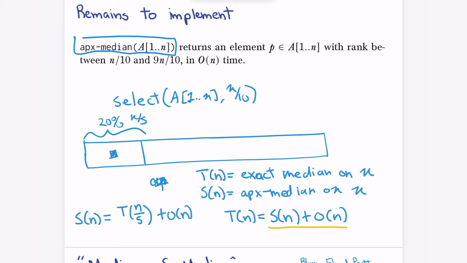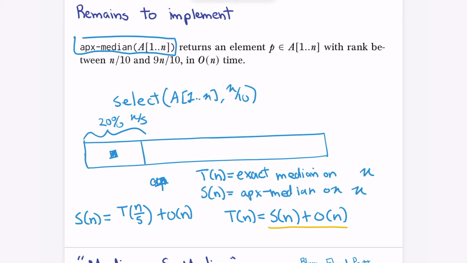Let me rewrite this. Let's just do exact select on n. Sorry, it's a little messy, but I'm running with the idea. I made a mistake in my modeling when I wrote S of n plus big O of n. So that's saying, okay, to do a select, I'm going to do an approximate median plus linear work.